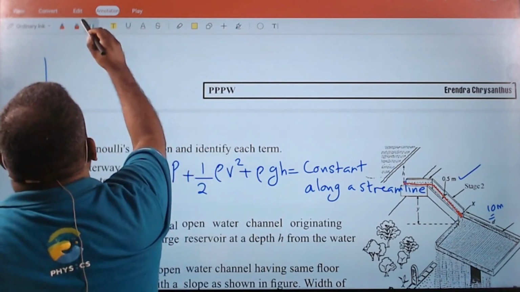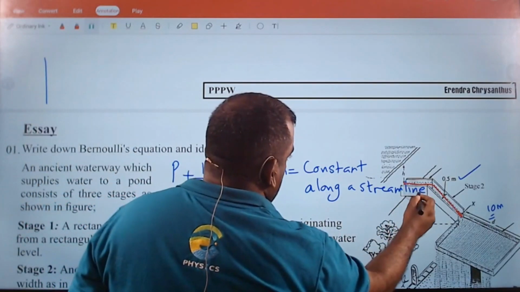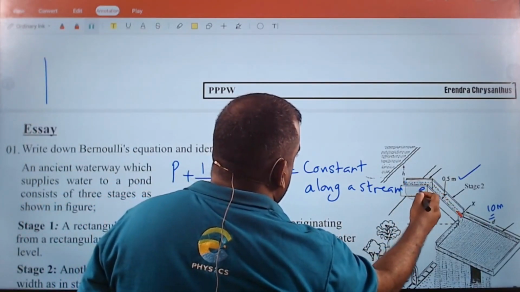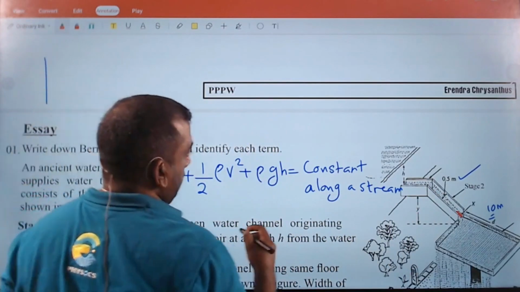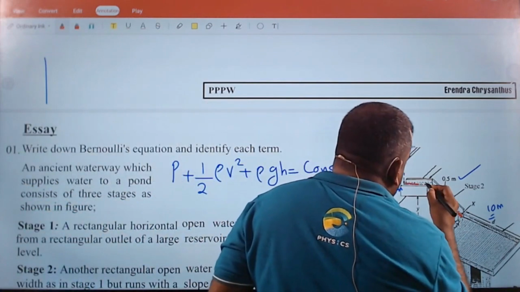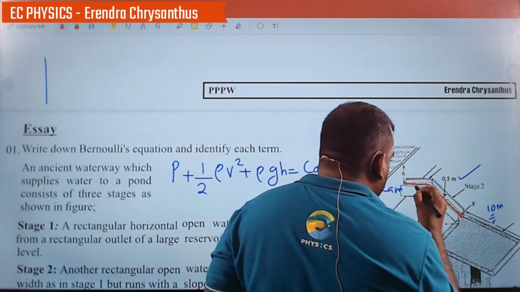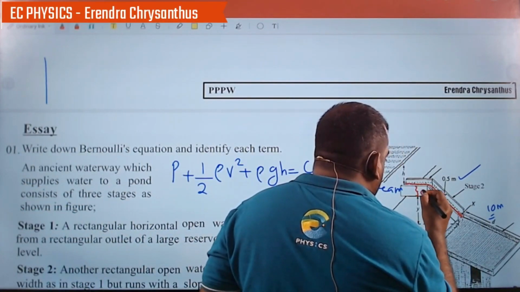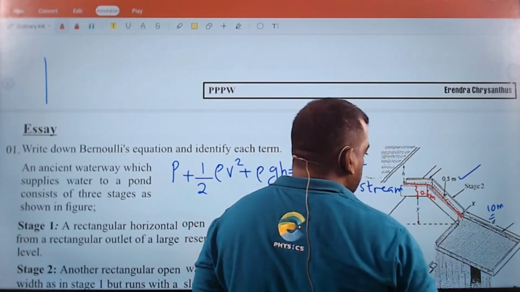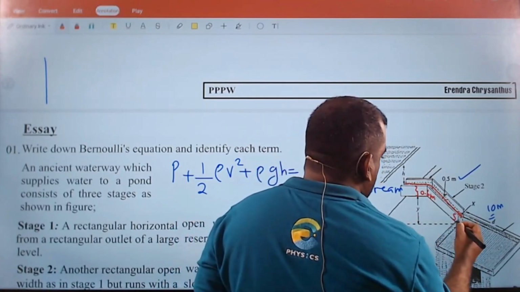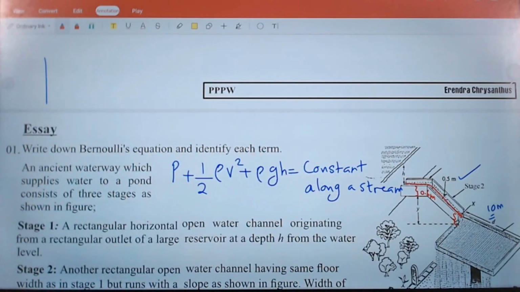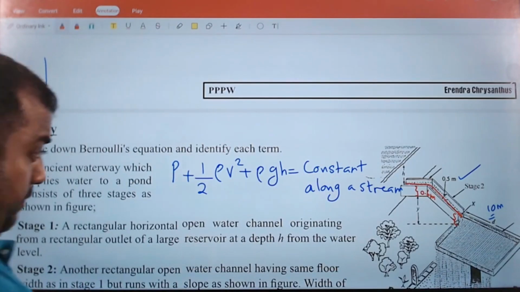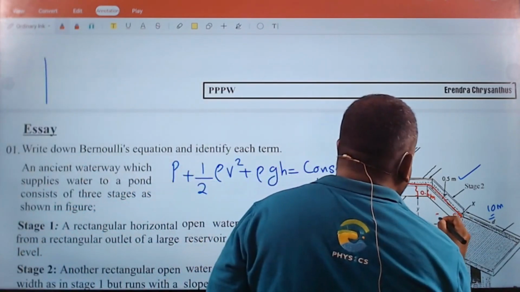So if I erase this a bit, so here you go, water height here 0.6, water height here in the beginning itself, stage number 1 or stage number 2, 0.3.